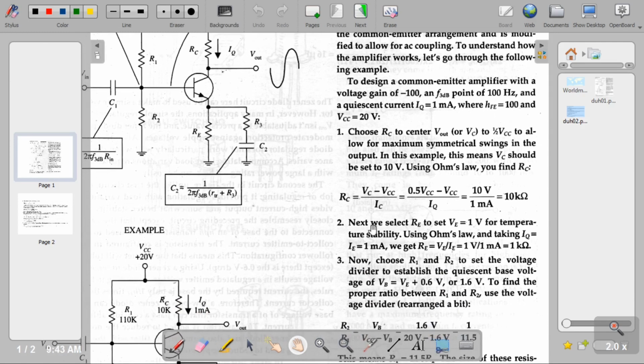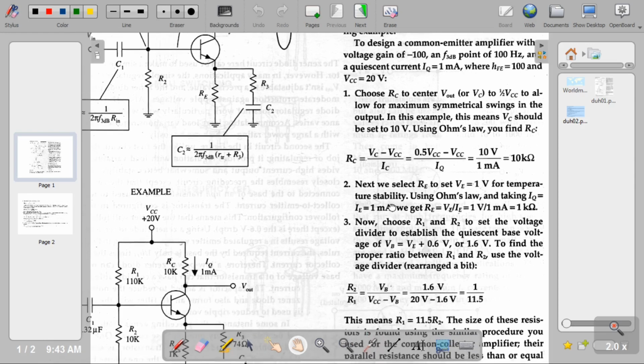Next he selects RE to set VE equal to 1 volt for temperature stability. Fine. So now he gets RE. Okay, so he has RC and RE.